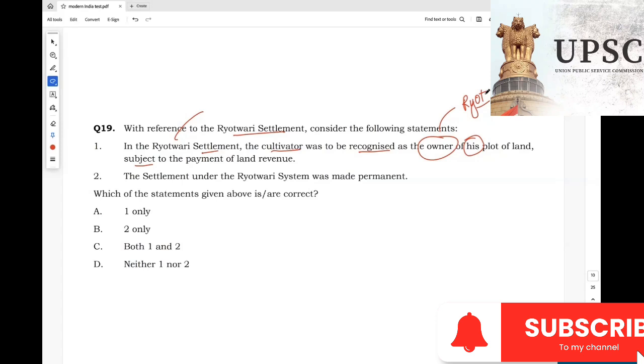If the entire village collects it, it is Mahalwadi. The settlement under Raiyatwadi was permanent. No. It was not permanent settlement. It was revised periodically. It's a renowned fact, right? Only permanent settlement, that is Zamindari system, was actually permanent. The other two were not permanent. So option A is correct.